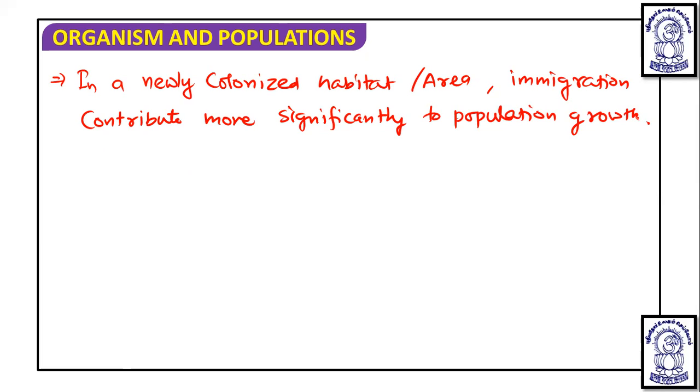Okay, so they will add more numbers because it is a new habitat and there is no possibility of growing a life immediately. So the organisms which come first there, compared to the birth, are helping the increase in the population size.